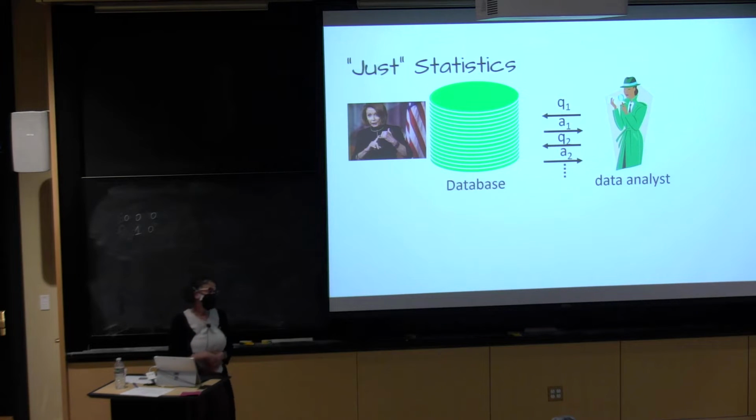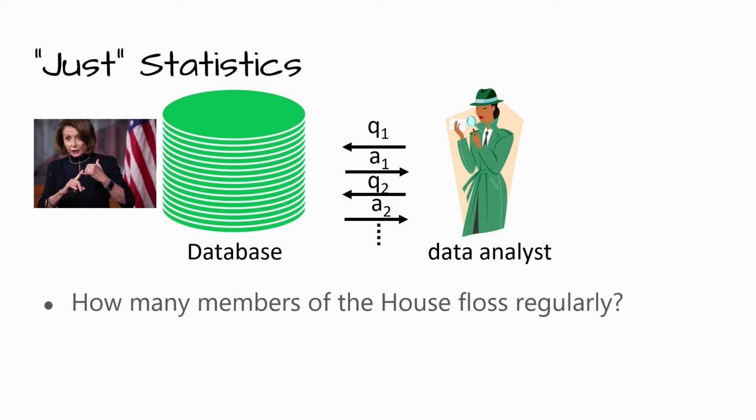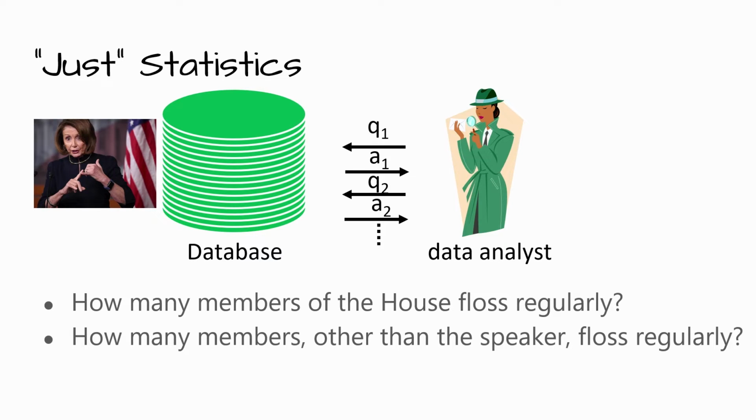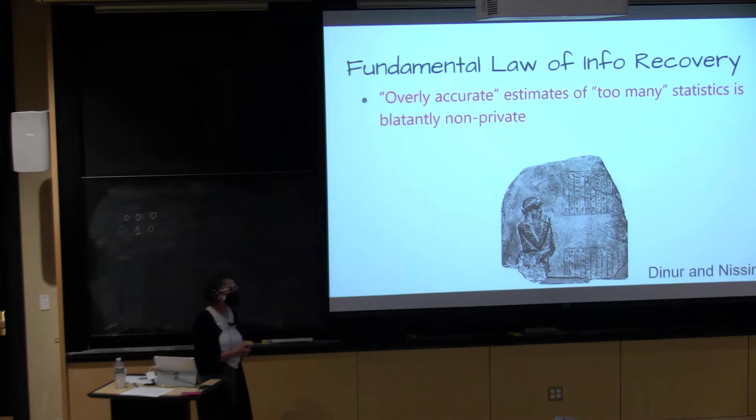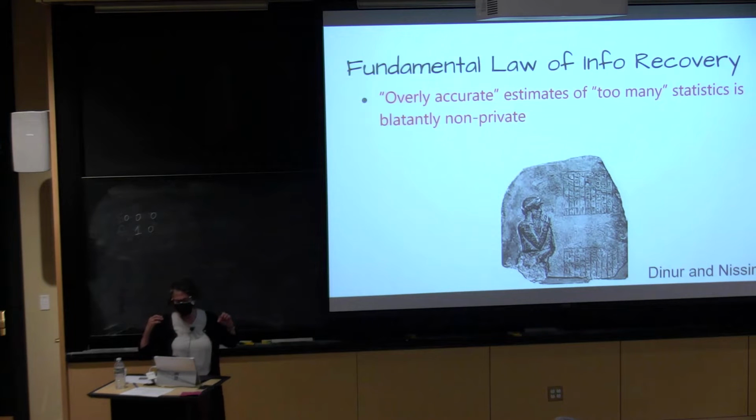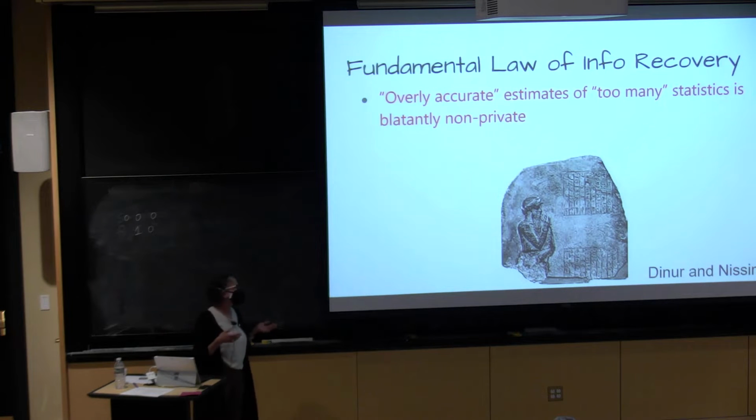So this is called a differencing attack. A differencing attack is just one example of how seemingly innocent or innocuous queries over large sets of people can be combined to compromise privacy.